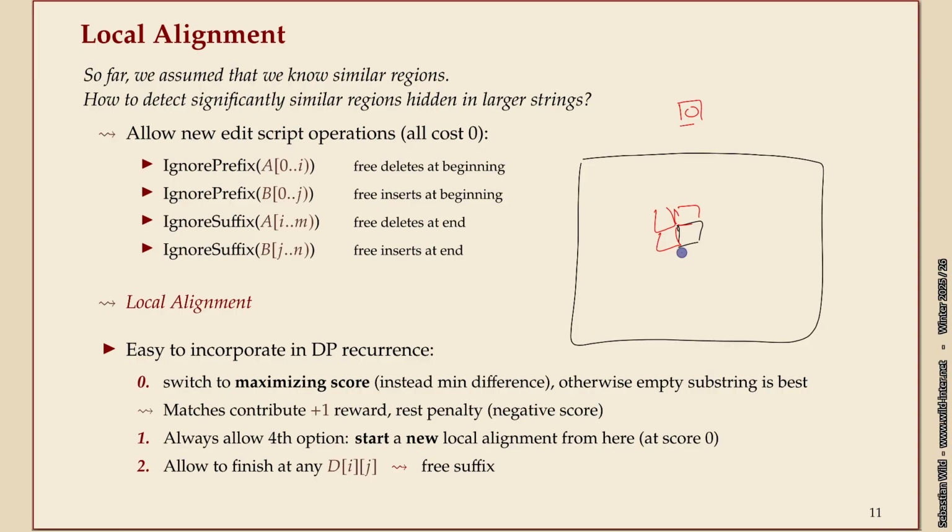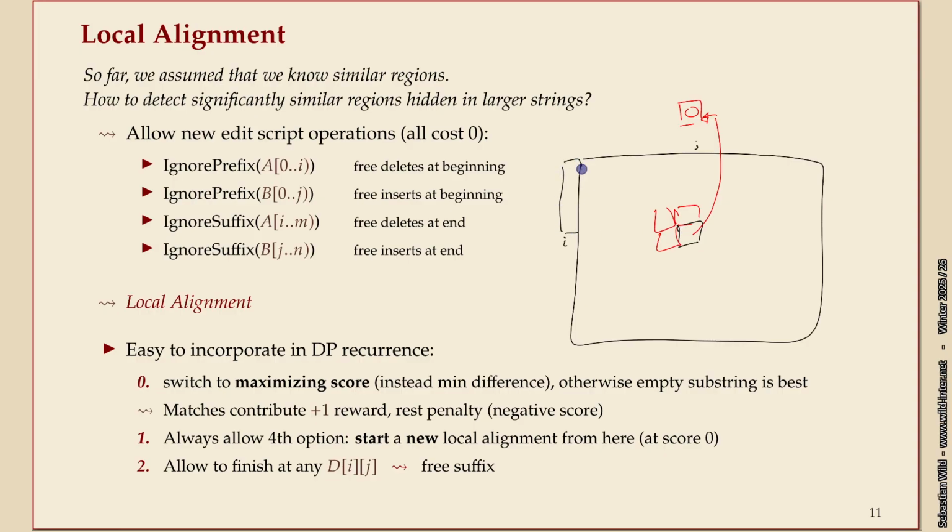But that's also all that is needed. This just means if I'm in a position ij, and I'm choosing the 0 option, that means I'm ignoring the first i characters of the first string and the first j characters of the second string, simultaneously.